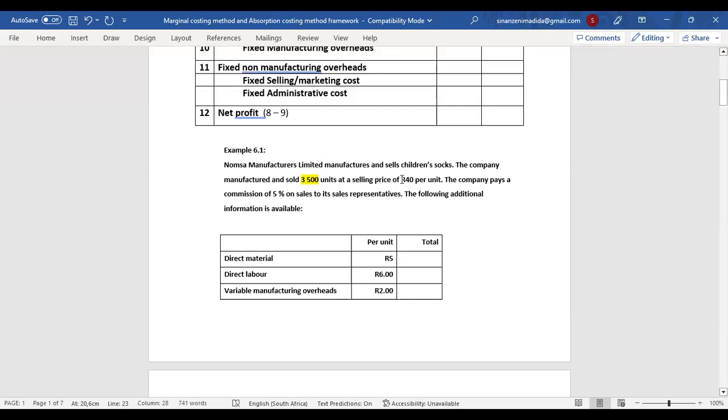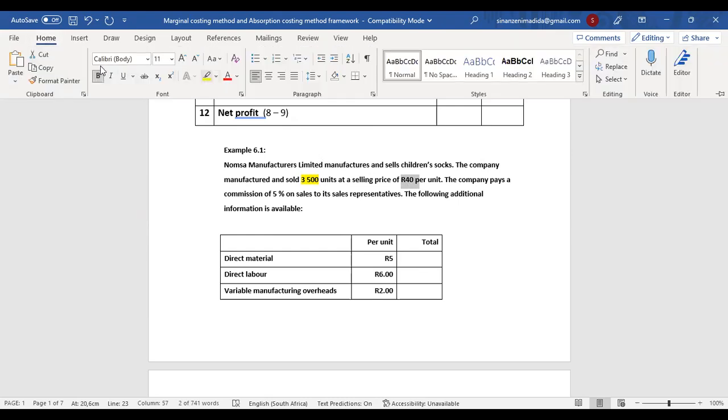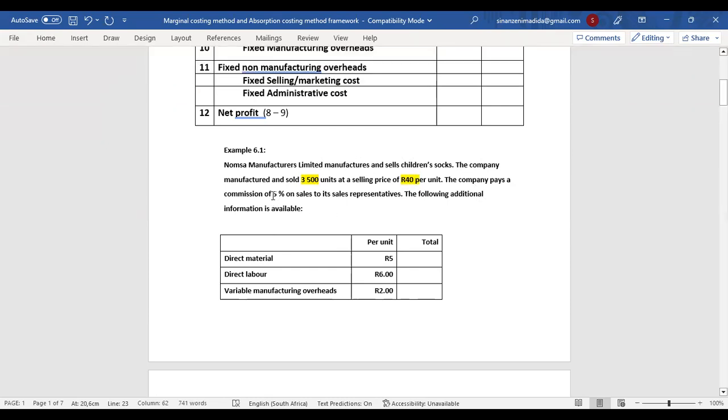So this was the selling price per unit. We are taking out all our numbers because we are preparing an income statement and we are going to use them. The company pays a commission of 5%. We are paying 5% on sales.